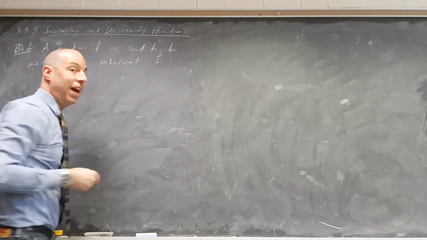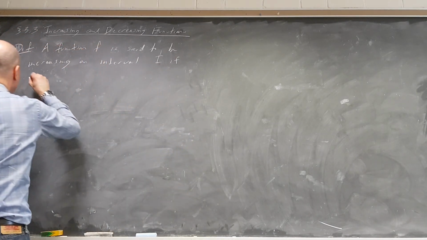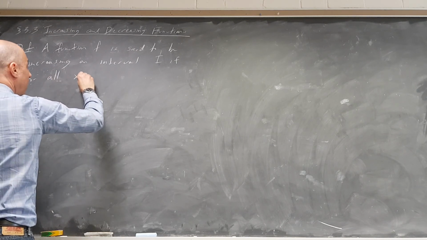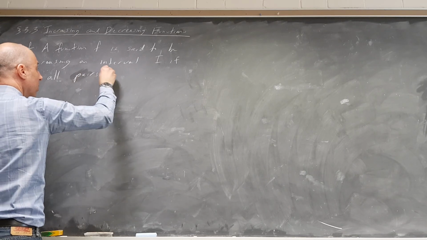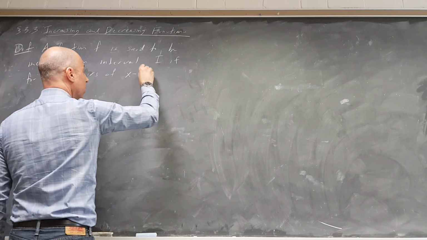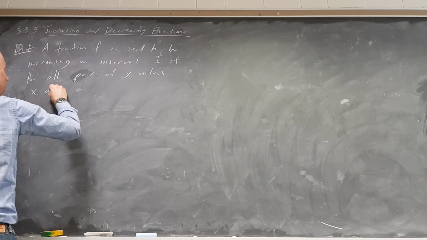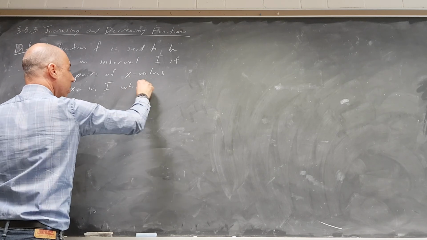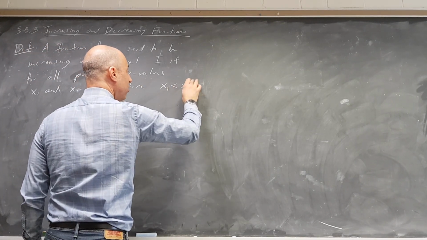So an interval of x values, if for all pairs of x values, x1 and x2 in I, where x1 is on the left and x2 is on the right.